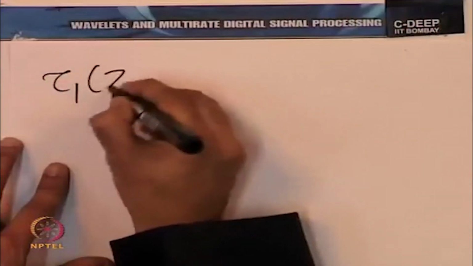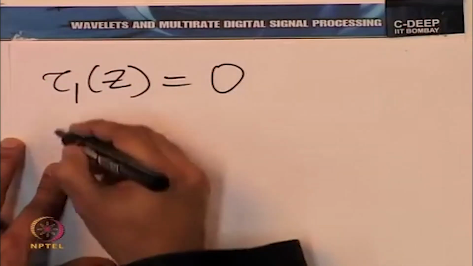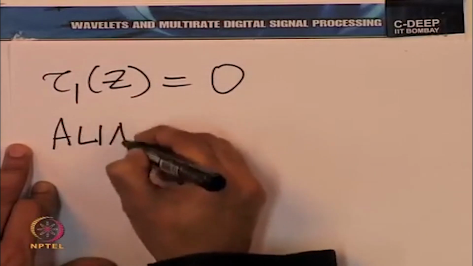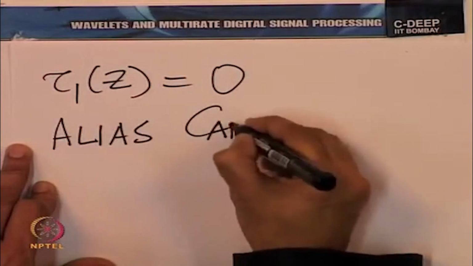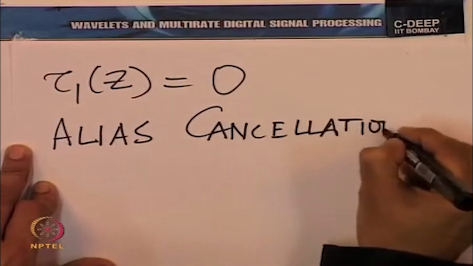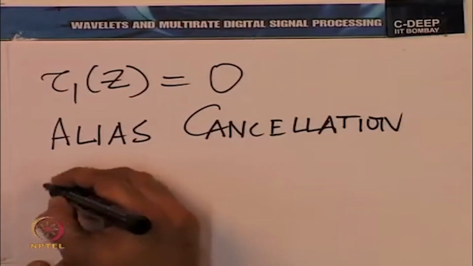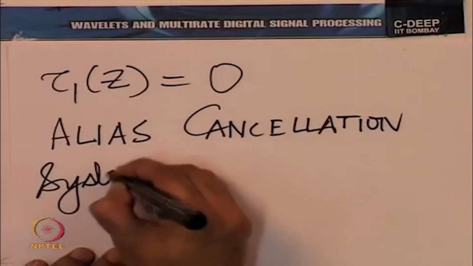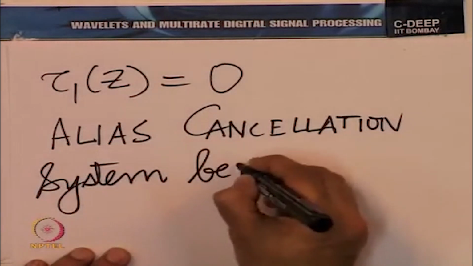Tau 1 z equal to 0 is essentially what is called the condition for alias cancellation. And we note the system becomes linear and shift invariant.